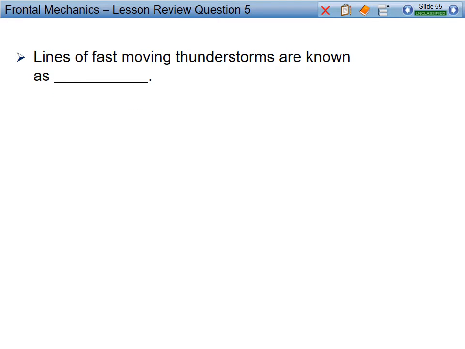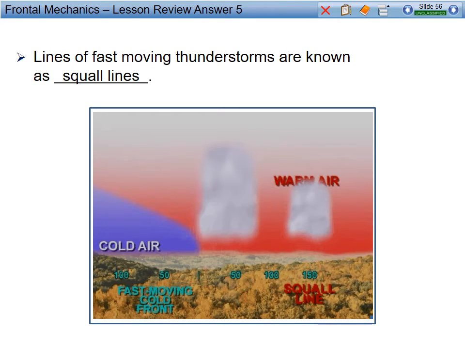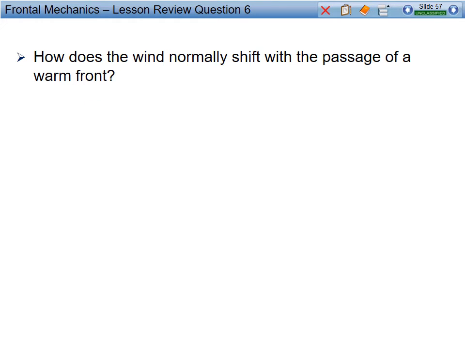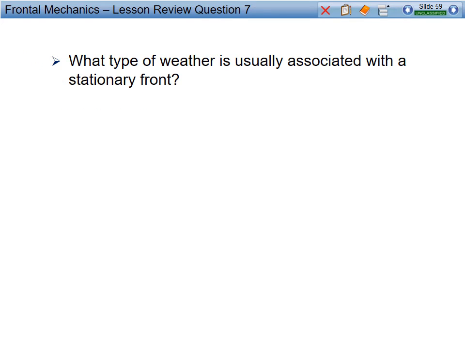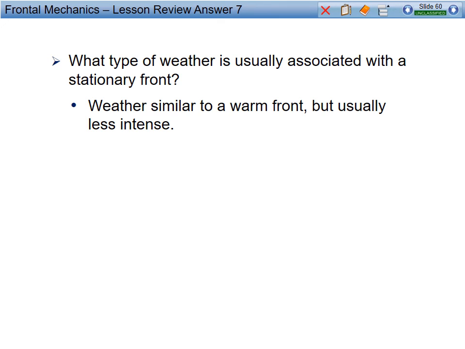Lines of fast-moving thunderstorms are known as squall lines. How does the wind normally shift with the passage of a warm front? It shifts from southeast to southwest in a clockwise direction. What type of weather is usually associated with a stationary front? Similar to that of a warm front, but usually less intense.